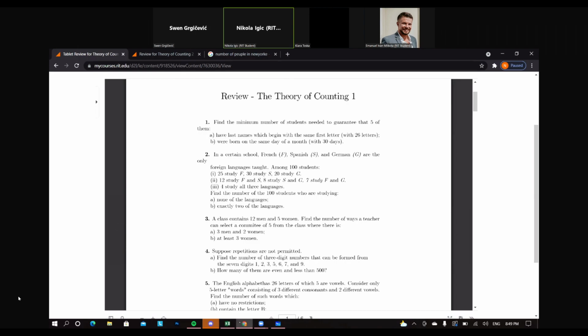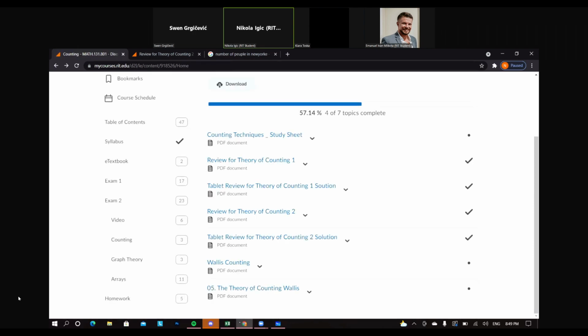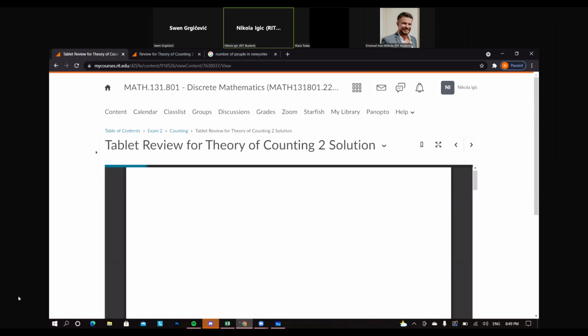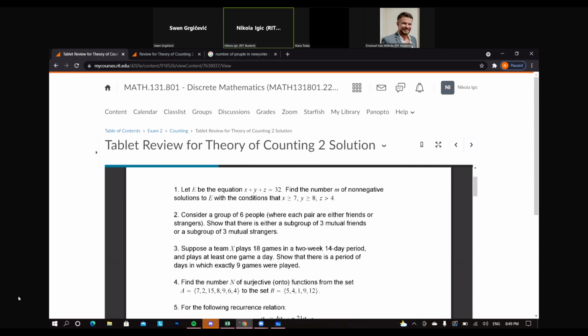I think half of the exam on our test was counting, fewer on chances, and there were 2 exercises from the arrays. The second one, if I remember correctly, there was maybe 1 exercise from it, a really small number.